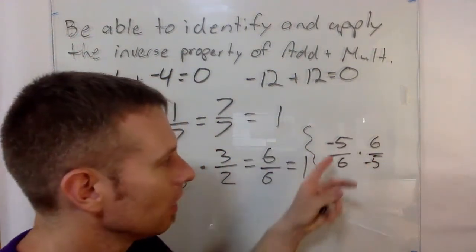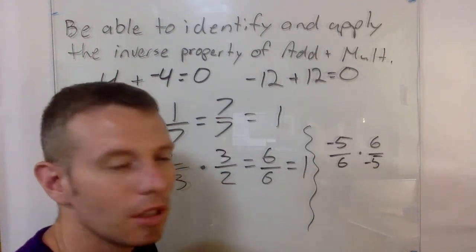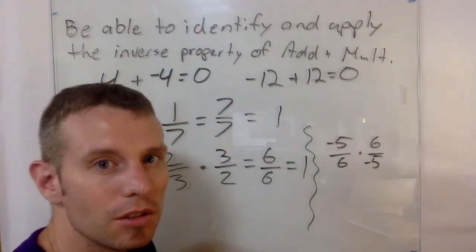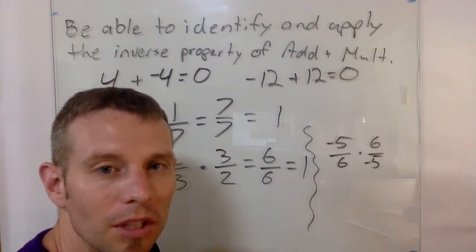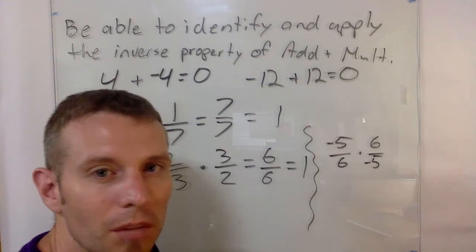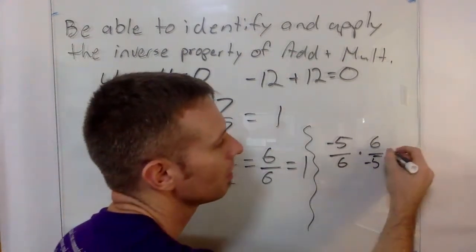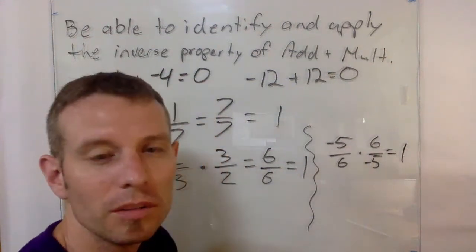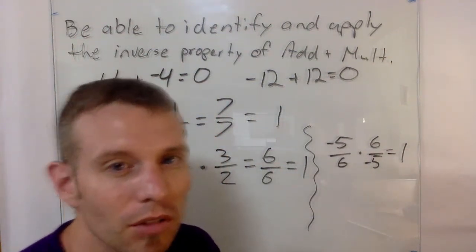Of course, this negative applies to the whole fraction, not just the 5, but for the sake of clarity, we can just do it this way. And you can see that we'll get -30 on top, -30 on the bottom. When you divide a negative by a negative, you get a positive 1.